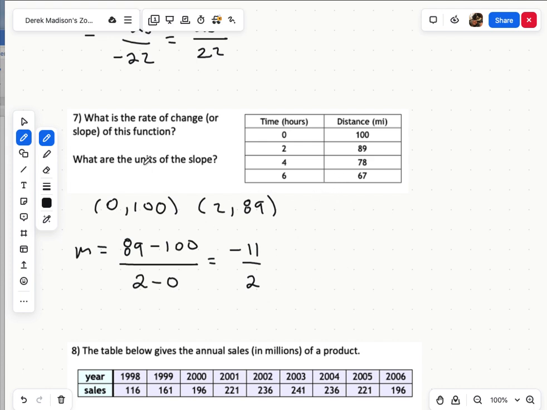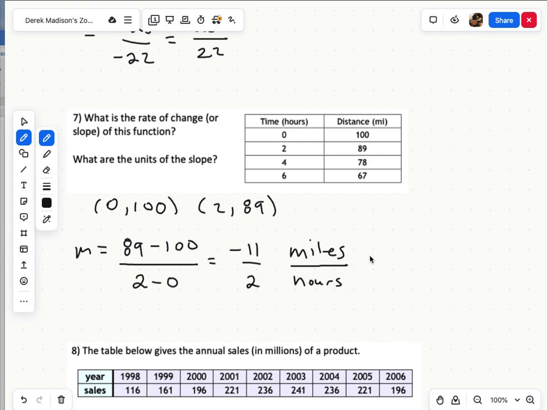And then it asks for what are the units, so we come back to our table here, and it looks like our output is in miles. And then our input, our change in x, is in hours. And so this is negative 11 miles per every 2 hours.